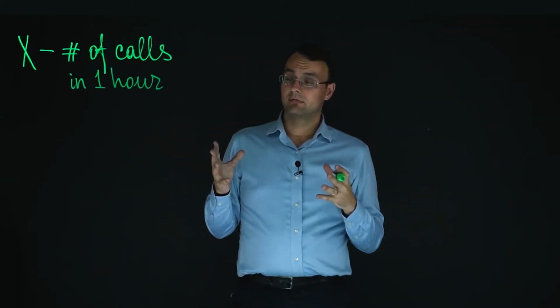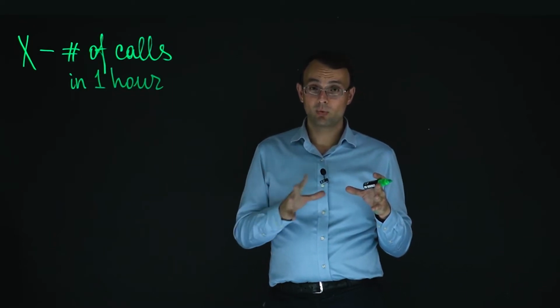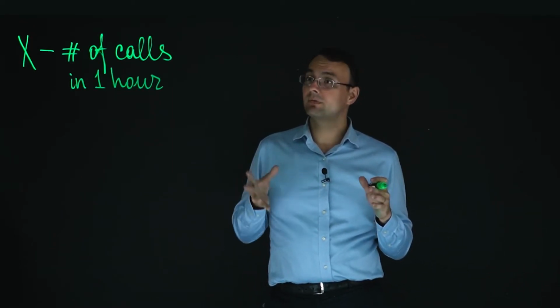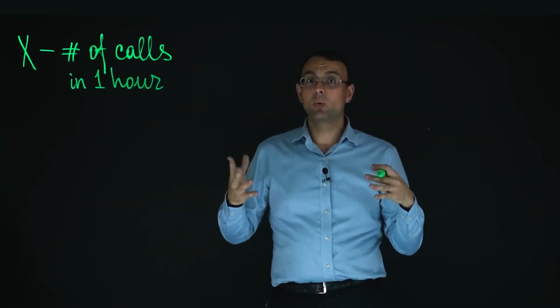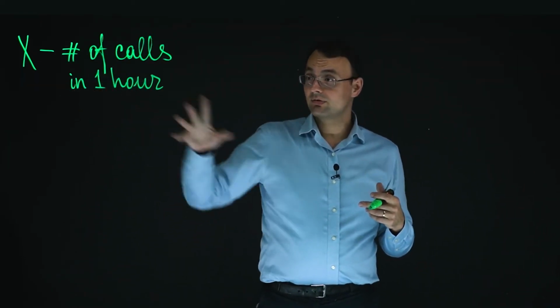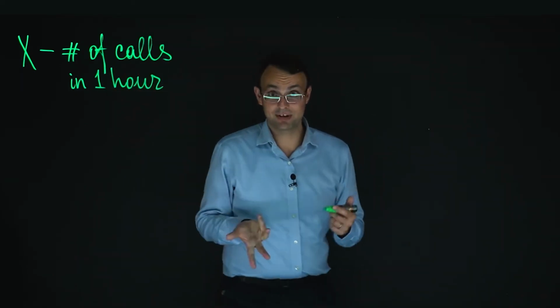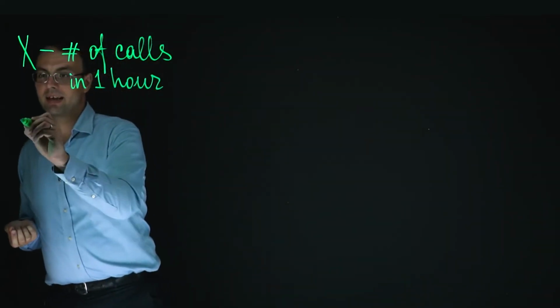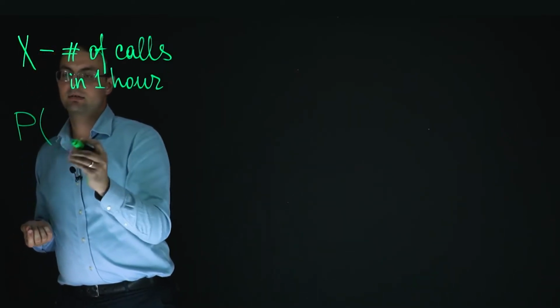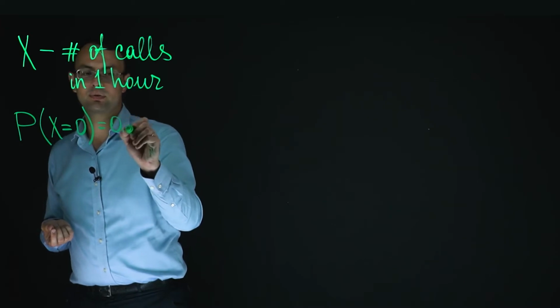What is given? They say that probability that no one will call in 1 hour is 0.05. What does it mean, no one will call? This means that x is equal to 0. So number of calls in 1 hour is 0. Nobody called. So they gave us that probability that x is equal to 0 is 0.05.